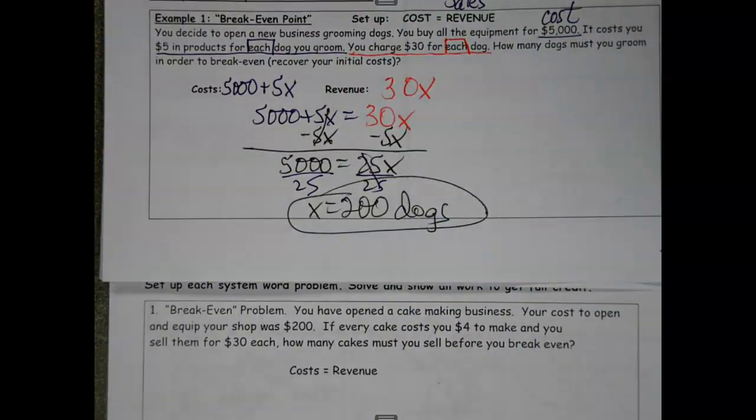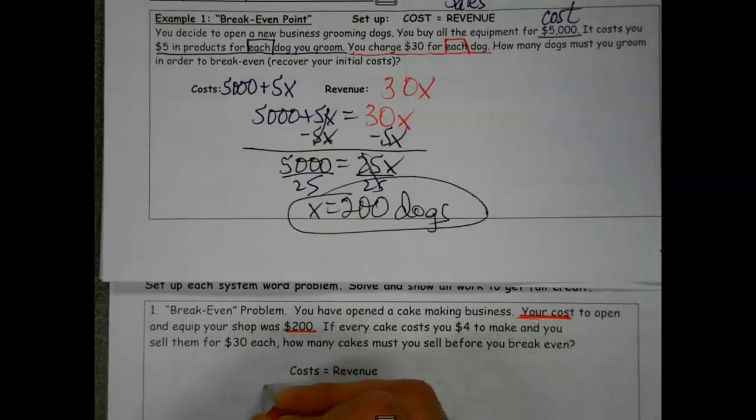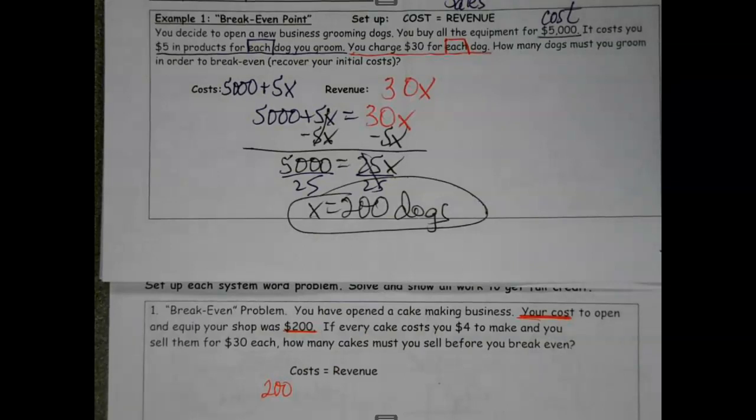Okay, on the top is my Unit 6 notes for break-even. So you have opened a cake-making business. Your cost to open and equip your shop was $200. Not $200 a day, not $200 a month, one time.